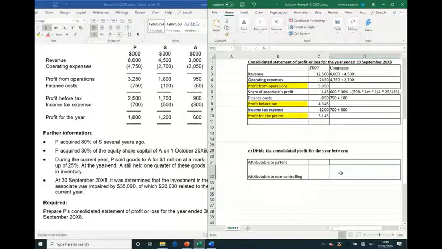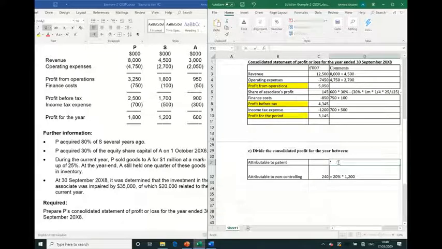And then we need to split this profit between the non-controlling interest in the subsidiary and the parent owners. So for the subsidiary, the non-controlling share is 20%, and the subsidiary profit is 1,200. So we get the non-controlling share in the profit, which is 20% times 1,200, so this is 240.